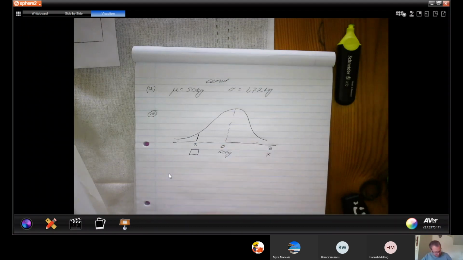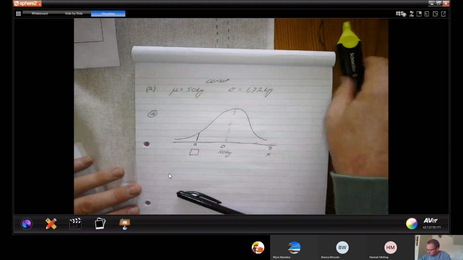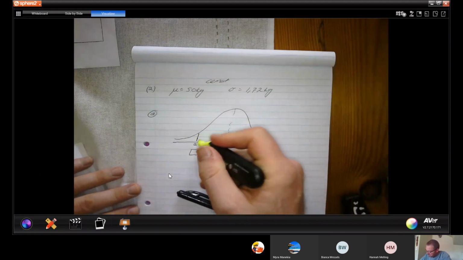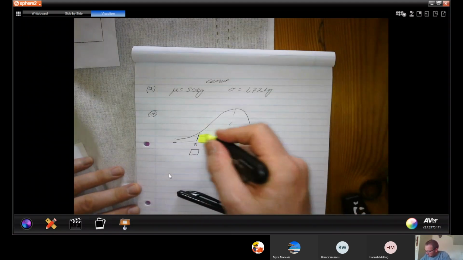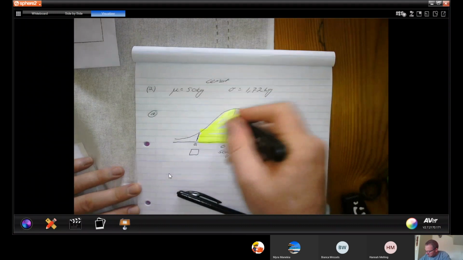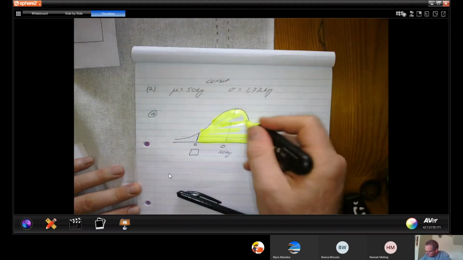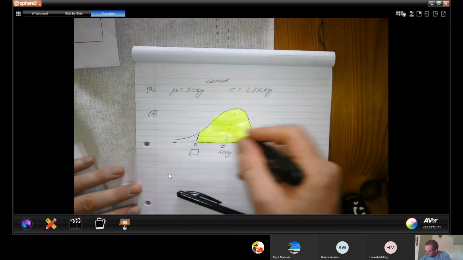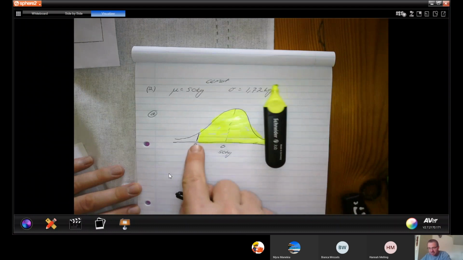Where 95% of the cement bags, determine the weight exceeded. So 95% of the cement bags have a weight bigger than this score. So this area over here, what's that area there? That represents 95% of the cement bags.